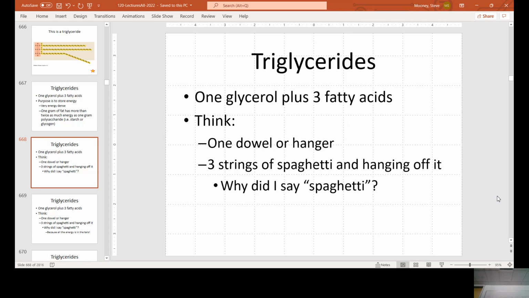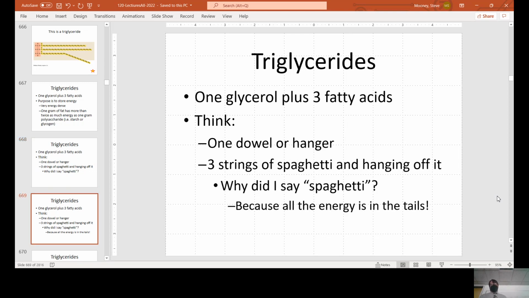There's energy in spaghetti. It's the wrong type of carbohydrate versus fat. But the energy in the triglycerides is in the fatty acids. So more or less inert, relatively speaking, all the energy is down there at the end. So why did I say spaghetti? All the energy is in the tails.